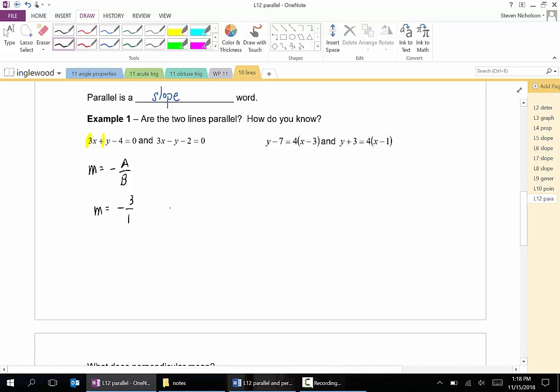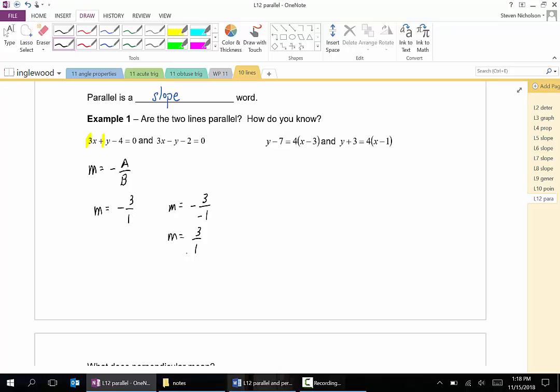For the one on the right, we would have negative, the a is 3 and the b is negative 1. So therefore the slope of this line is positive 3 over 1. And given that the slopes are not the same, one is negative 3, the other is positive 3, they're not equal.